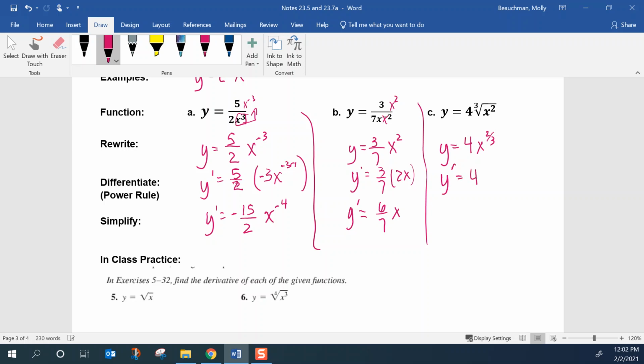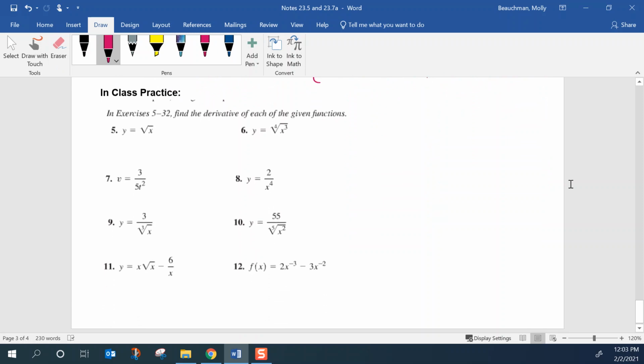Y prime is going to equal 4 times the derivative of x to the 2/3, which is 2/3 times x to the power of 2/3 minus 1. 4 times 2/3 would give us 8/3. X to the power of 2/3 minus 1 is the same as 2/3 minus 3/3, so you've got to do a little fraction. 2/3 minus 3/3 is a negative 1/3, so that would be x to the negative 1/3.